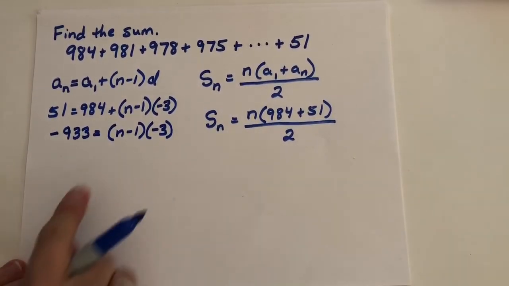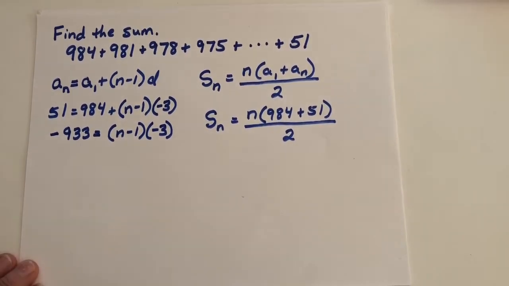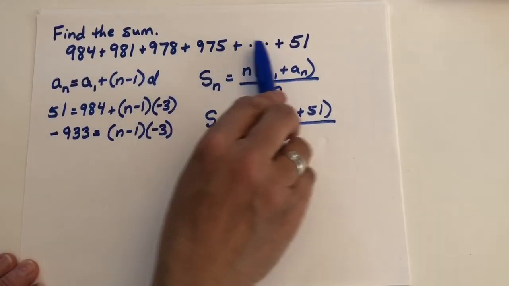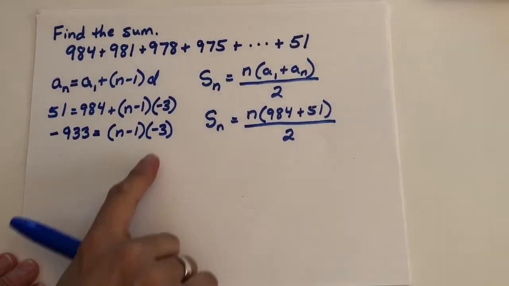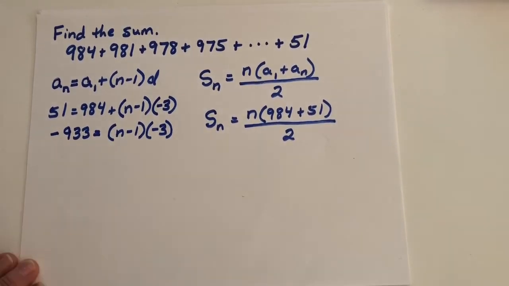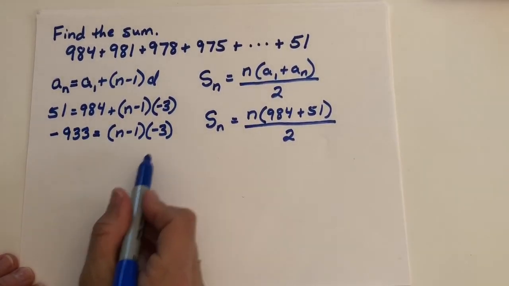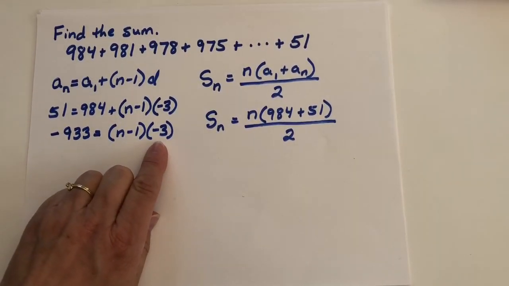We know n is going to be an integer value because it's the number of terms that we have in this list. So I know if this is an integer value that -3 is going to go into this number evenly. So I often solve the equation by dividing by -3 right here.